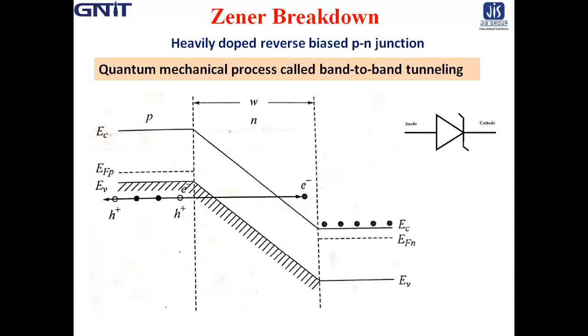So ultimately, the conclusion is that zener breakdown occurs in heavily doped reverse bias PN junction, and this process is called quantum mechanical tunneling or band to band tunneling.